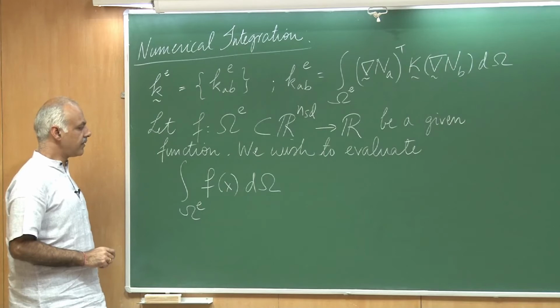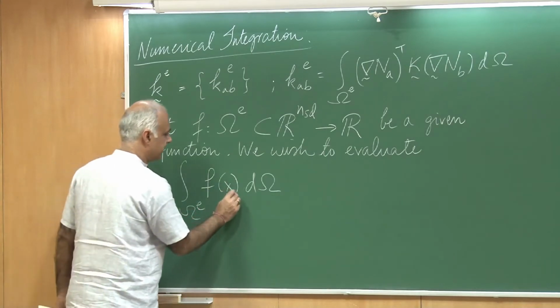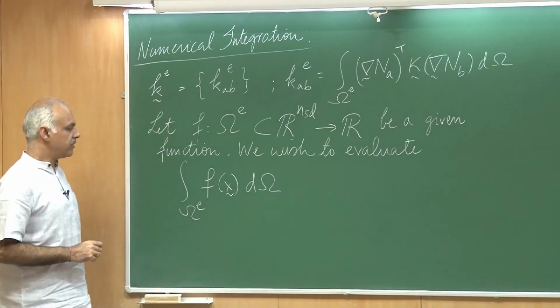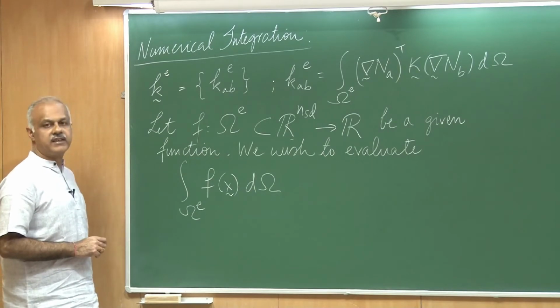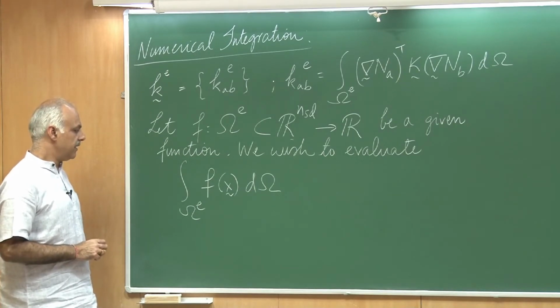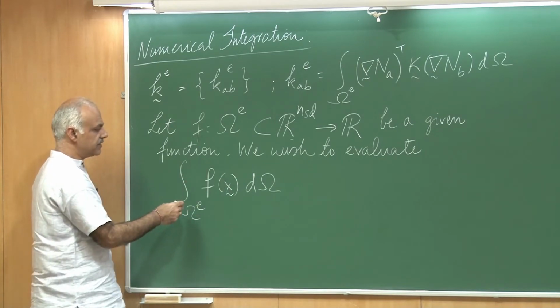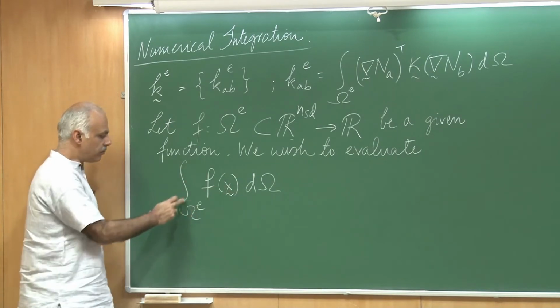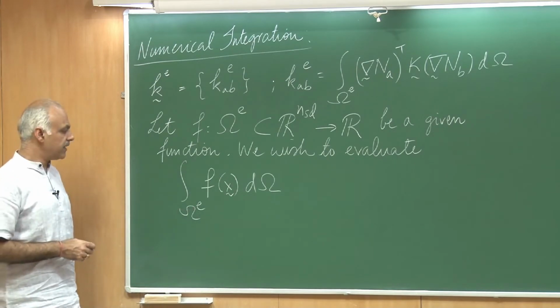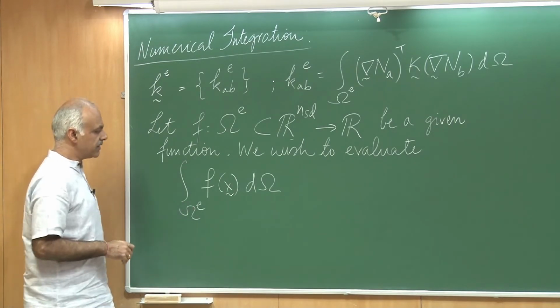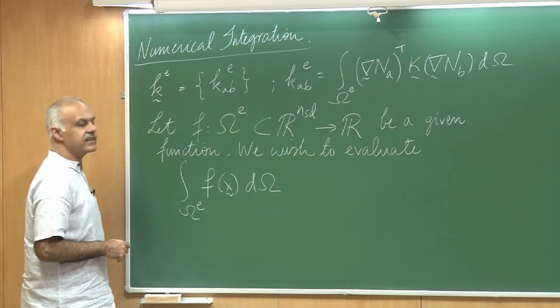Okay. So, here x is the generalized coordinate. So, we can write this in terms of a vector coordinate. Okay. So, the problem is very simple, that there is this function f which is defined at all points inside this domain omega e, and I just need to calculate this integral.